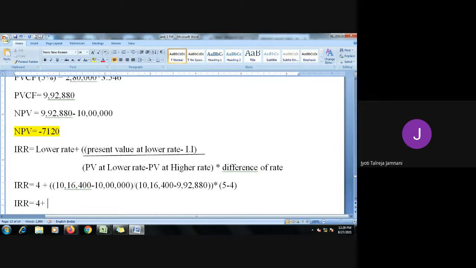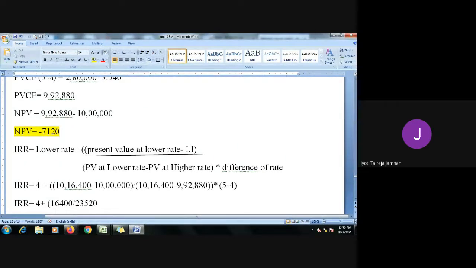So IRR will be equal to 4 plus, we need to solve this first. So 16,400 divided by 10,16,400 minus 9,92,880, we get 23,520.